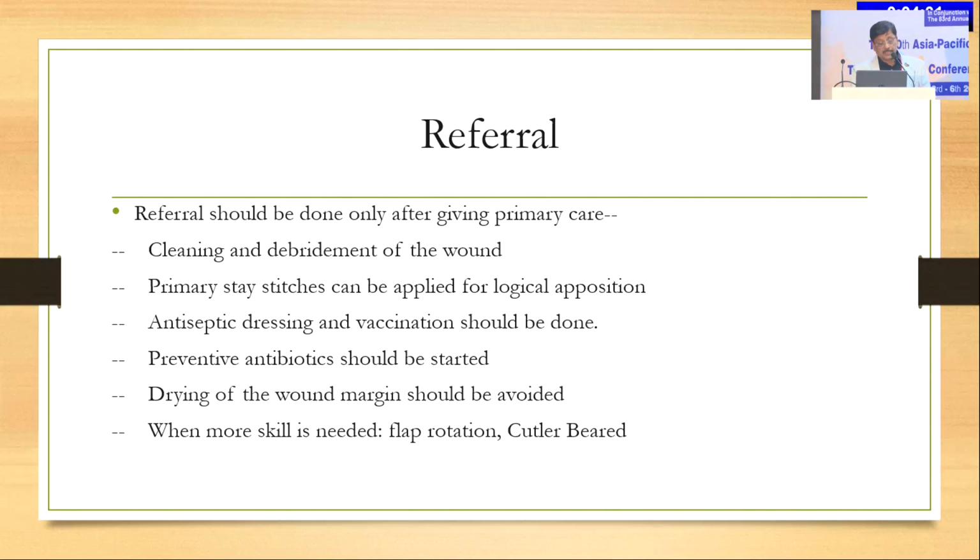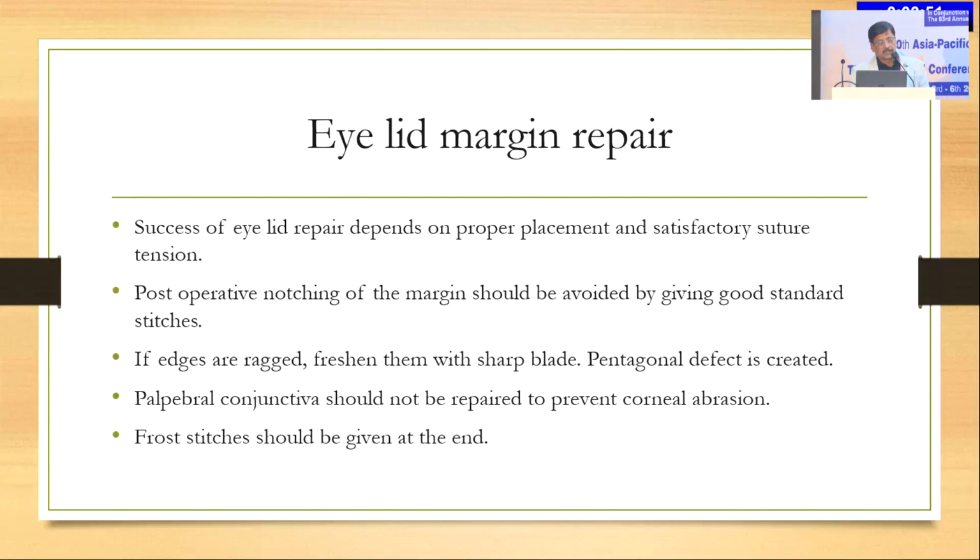And when more skill is needed, like flap rotation and Cutler-Beard, you can send to a more experienced surgeon. Success of eyelid repair depends on proper placement and satisfactory suture tension. Lid margin repair is very important to prevent exposure keratitis and maintain the normal tear film.